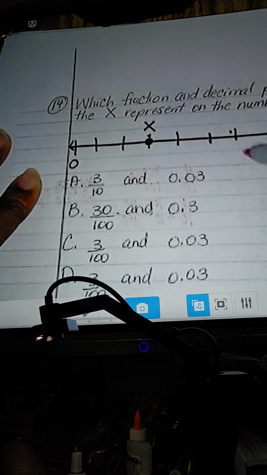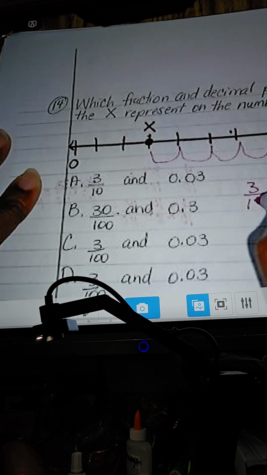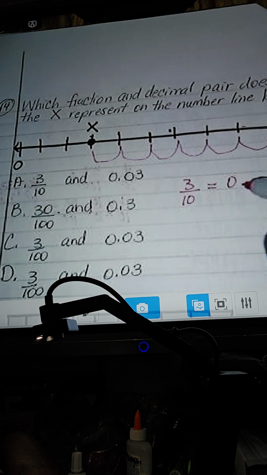So if I go backwards, what would this be? 3 tenths. Very good. So 10 tenths, 9 tenths, 8 tenths, 7 tenths, 6 tenths, 5 tenths, 4 tenths, and 3 tenths. So which one equals 3 tenths, which also equals what decimal, ladies? 0.3.